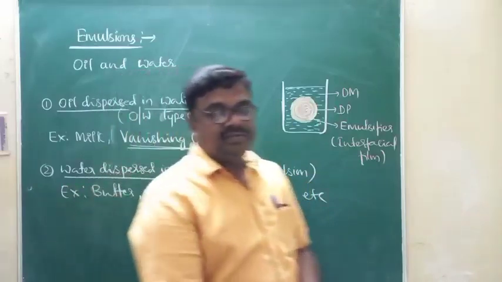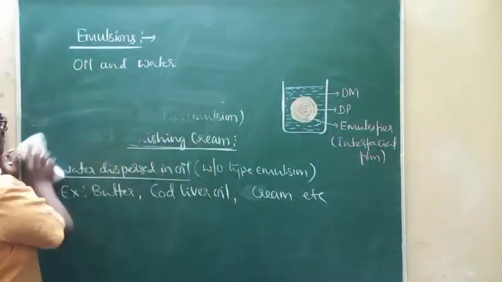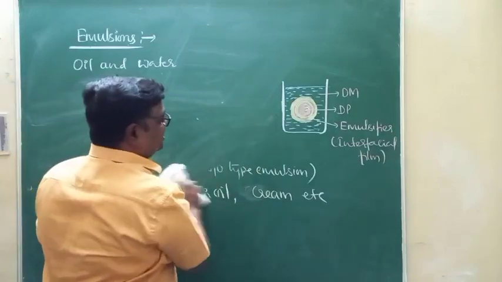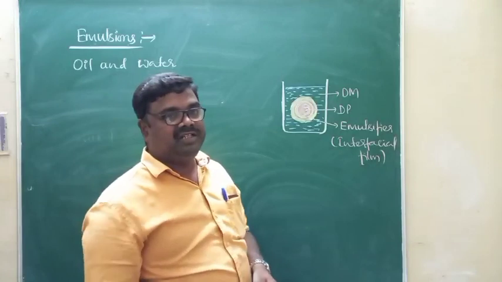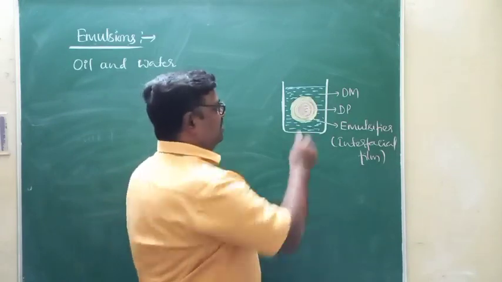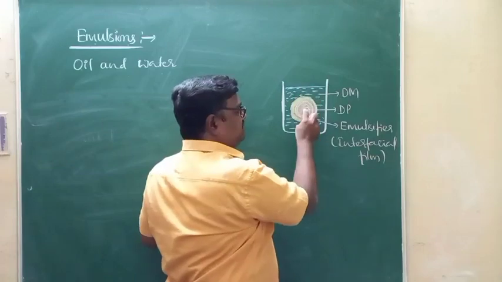Emulsifying agents stabilize emulsions by forming an interfacial film between the dispersion medium and the dispersive phase particles.